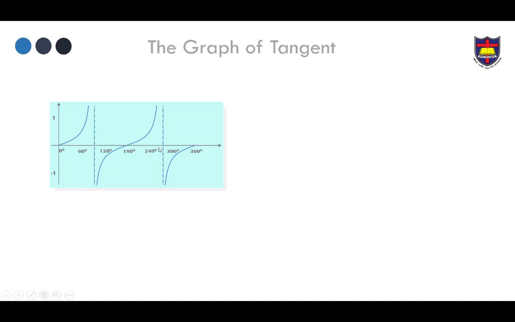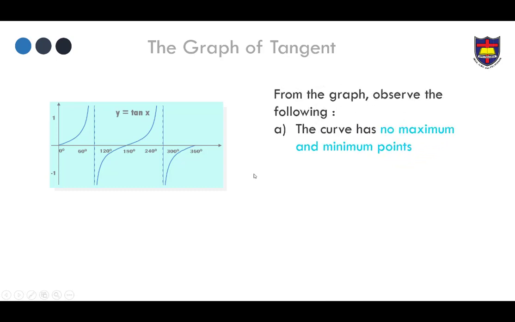And it repeats again here at 270 degrees, which also has an asymptote. Then you can see the graph of tangent is a bit different. It has no maximum points since it goes to infinity, and it has no minimum points since it goes to minus infinity.